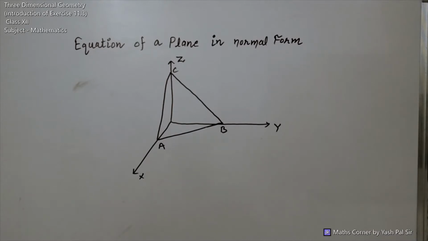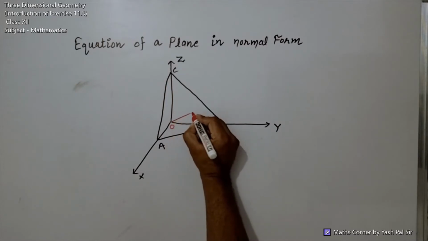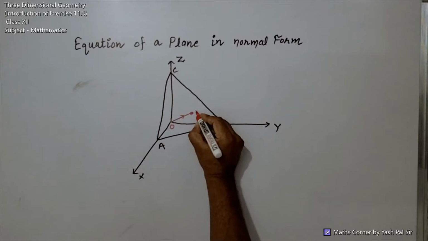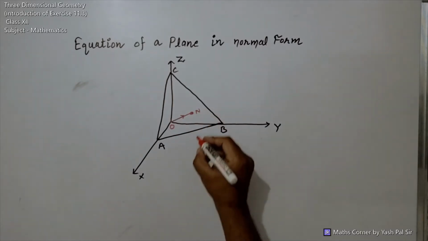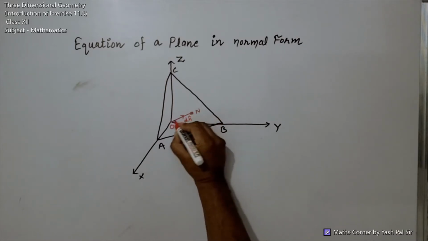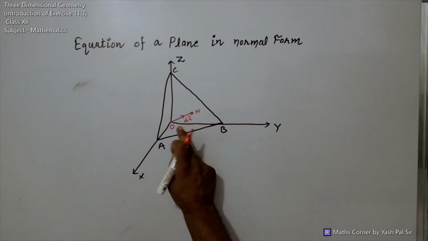Next, we take a normal from the origin to the plane. Suppose this is the normal, the name of this normal is ON, and suppose this is d unit distance in the direction of the normal, so I am writing here n cap.